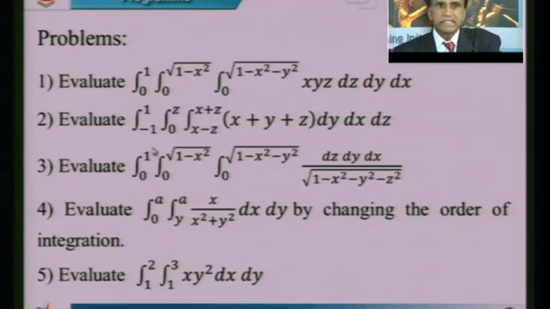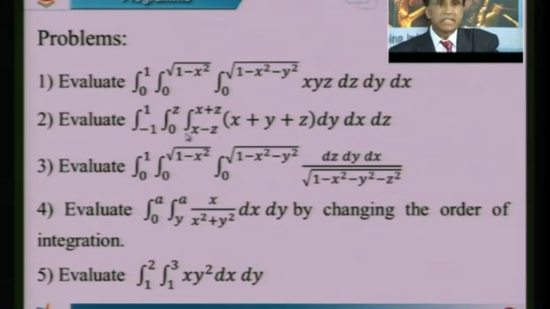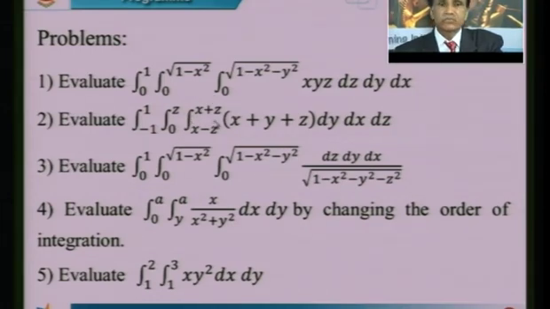In the next example, the limits are minus 1 to plus 1, 0 to z, and x minus z to x plus z. Here there is an interesting observation: the function is x plus y plus z, dy dx dz. The innermost integration carries the limits x plus z and x minus z, which means x and z act as variables in those limits.